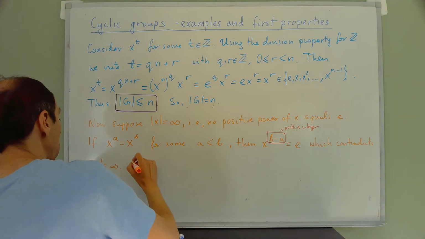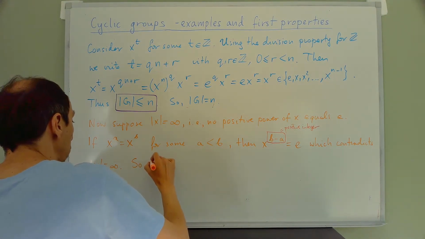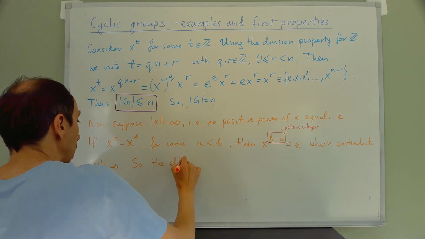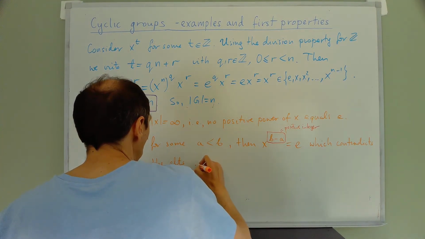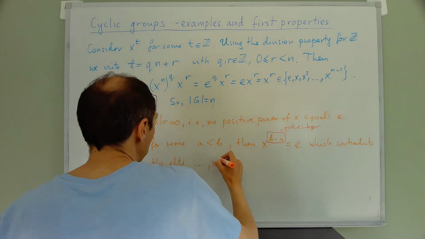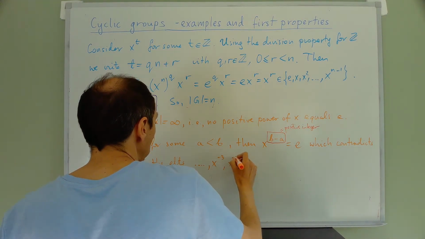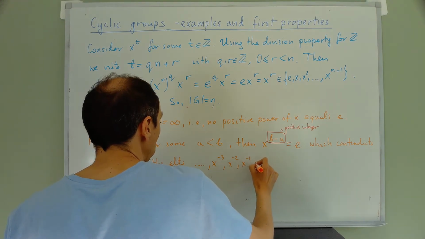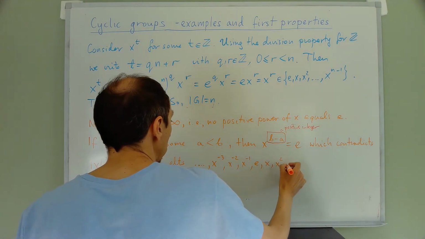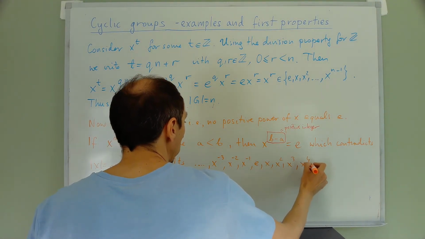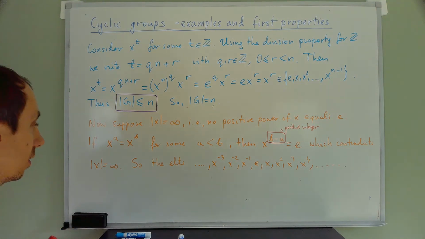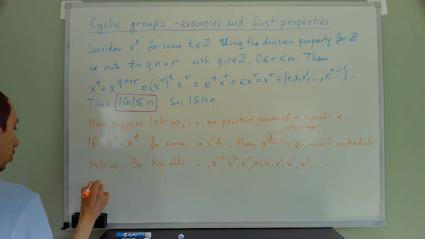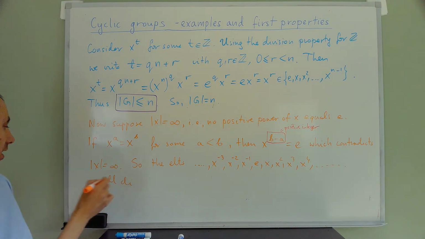So what's the conclusion? The elements x to the minus 3, x to the minus 2, x to the minus 1, e, x squared, x cubed, x to the 4th, and so on, are all distinct.